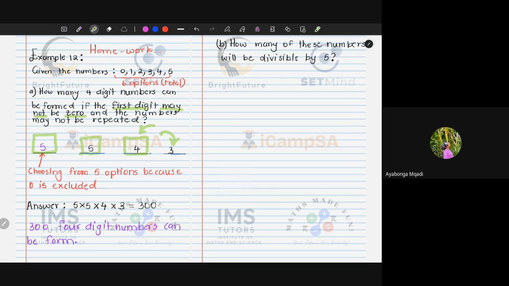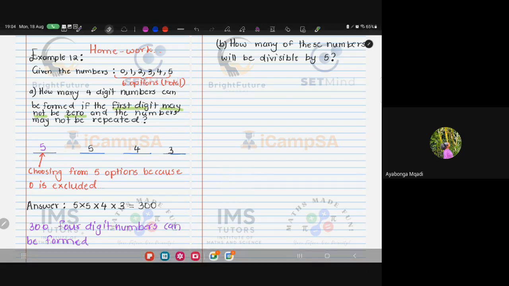Do you understand? Yes, sir. And then according to our counting principle, you multiply those options to get the total number of combinations that can be made, which is why we said 5 by 5 by 4 by 3, which gave us 300. And that's why we said 300 4-digit numbers can be formed. Do you understand? Yes, sir.